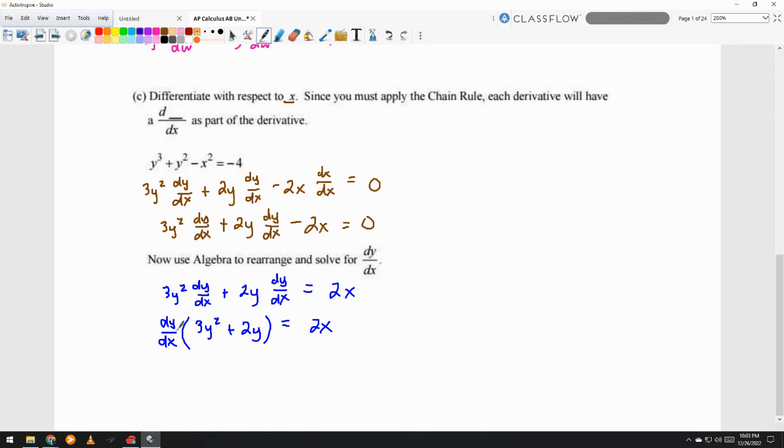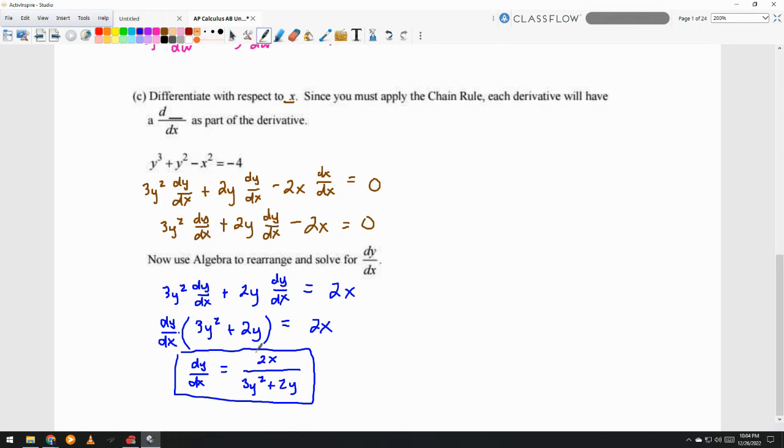All we're trying to do is get dy over dx by itself. Then we just need to divide by the parentheses because we're multiplying dy over dx times that, so cancel it out by dividing, and you end up with 2x over 3y squared plus 2y. And that is your implicit derivative of y with respect to x.